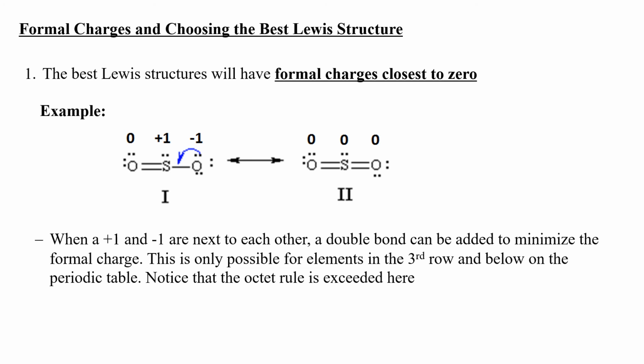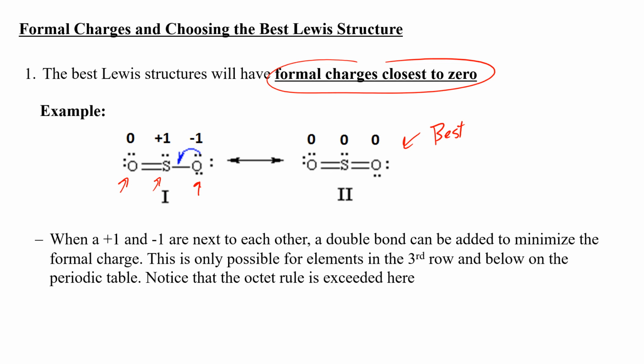If I have resonance structures where I can put a double bond in more than one place, or you're just comparing two different Lewis structures of the same molecule, we first want to assign formal charges. When we do that, we see our oxygen is 0, sulfur is +1, -1, and here everything is 0 in molecule 2. So number 2 is the best structure because it has formal charges closest to 0.